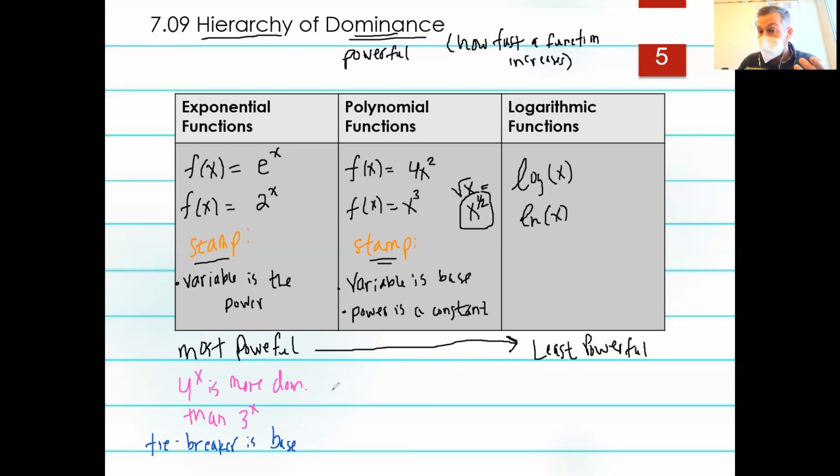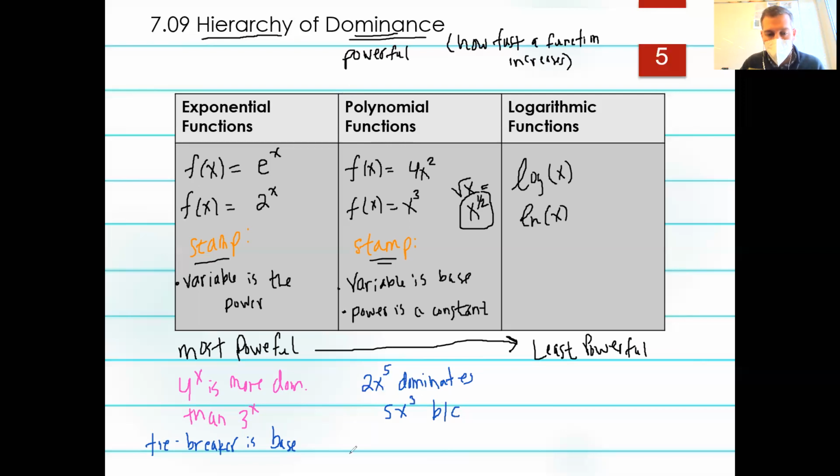With polynomial functions, we talked about this with limits at infinity yesterday. Something like 2x to the 5th dominates, I should use the same color here, I'm sorry, dominates 5x to the 3rd. And that's because, what's the tiebreaker this time? With polynomial functions, we don't care about coefficients.